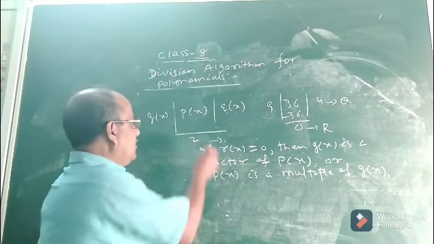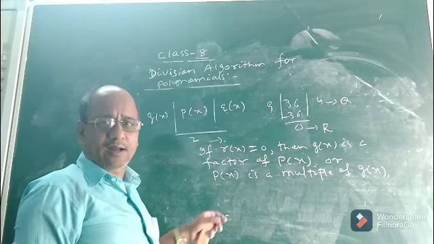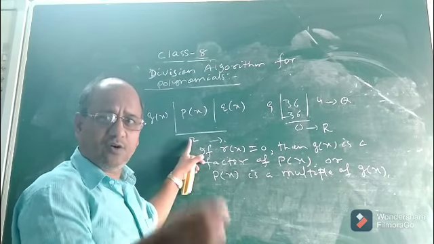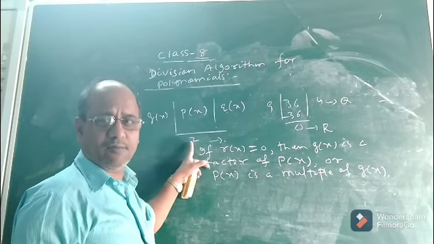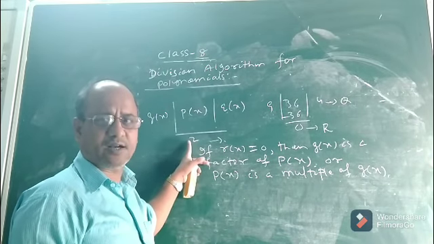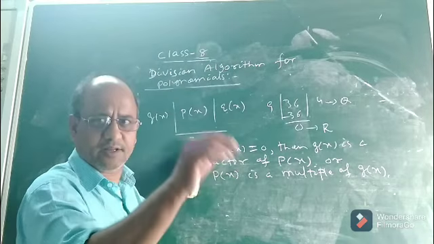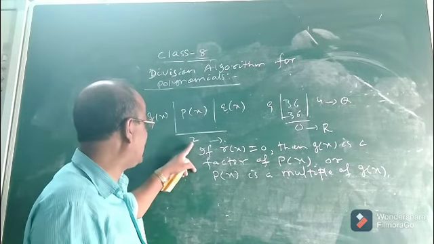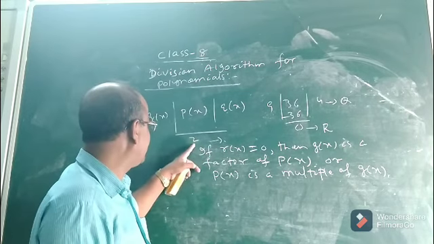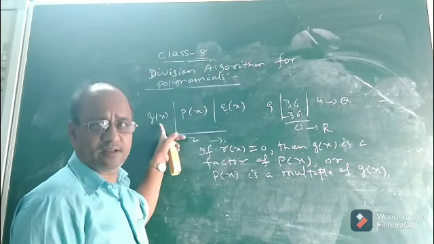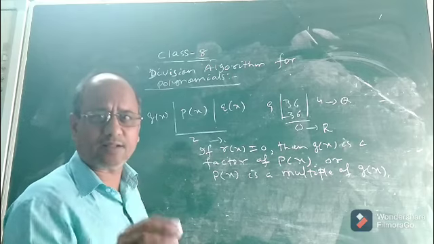That means on dividing one polynomial by another, the remainder will be either 0 or its degree is less than the degree of the divisor. So that is the principle.